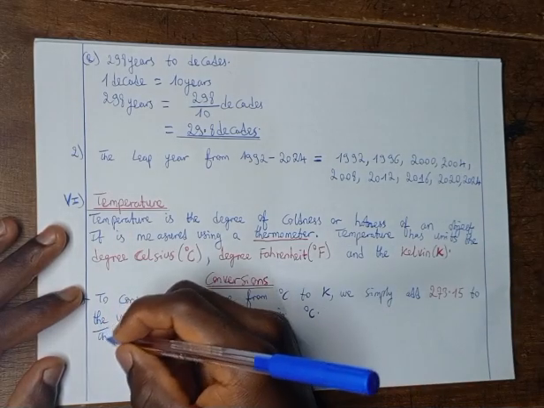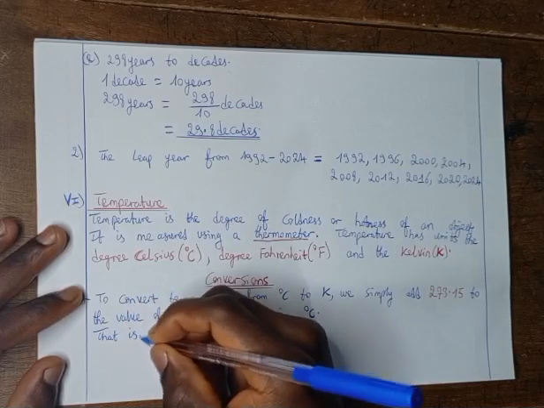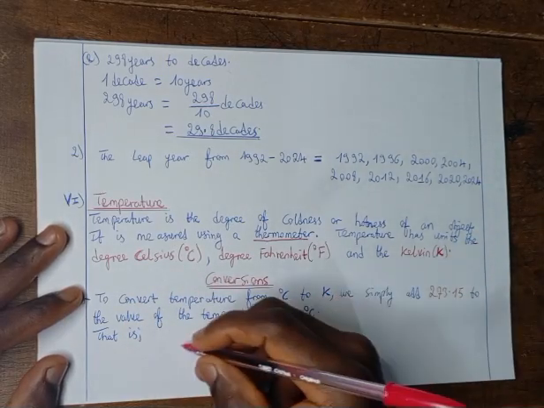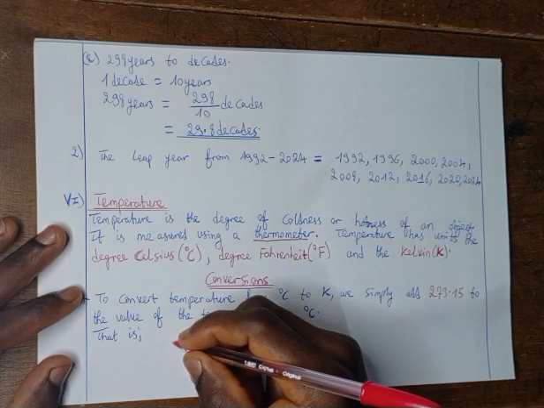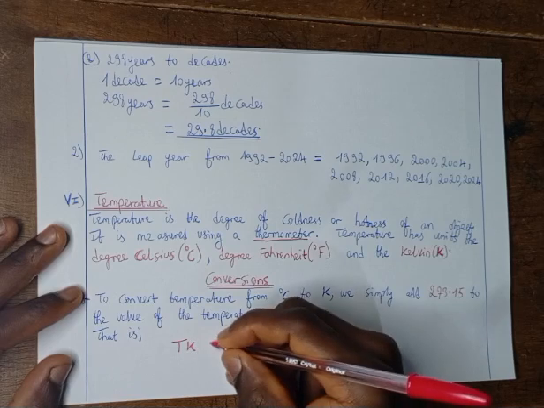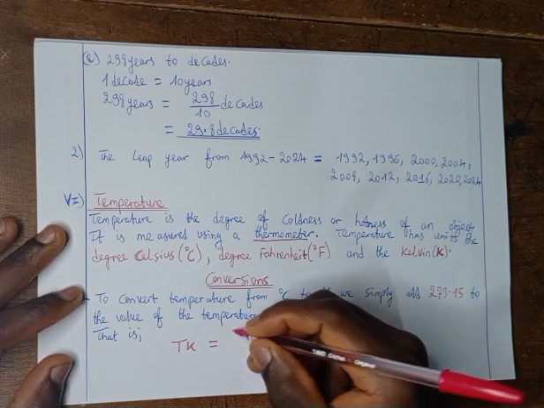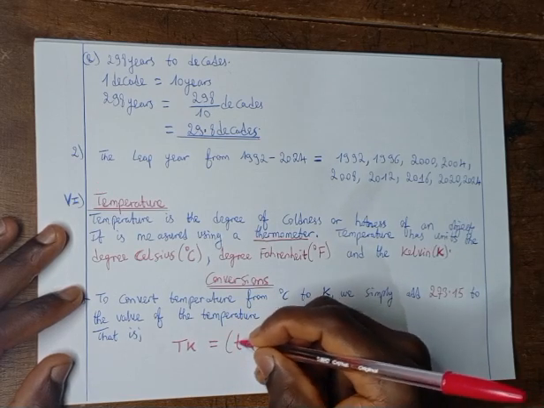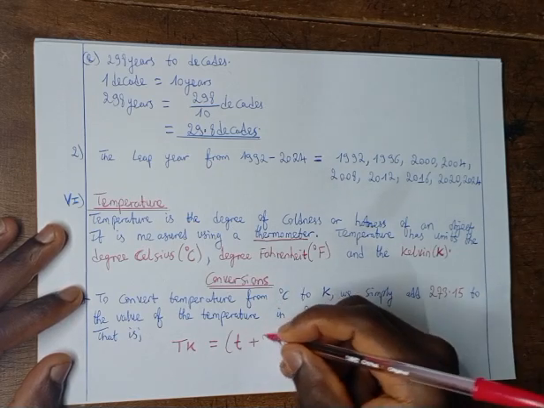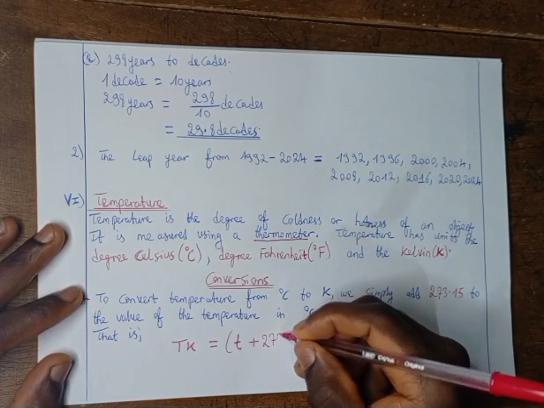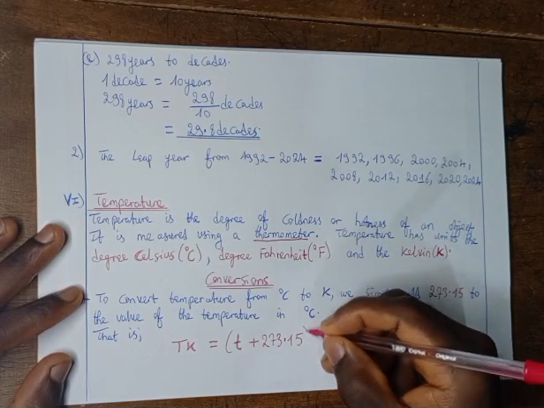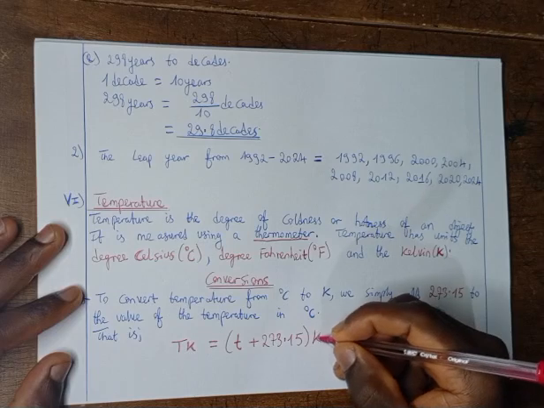That is, we make use of this formula. If you have to convert our temperature in degrees Celsius to Kelvin, we are going to make use of this formula. The temperature in Kelvin will simply be equal to small t, where t is the value of the temperature in degrees Celsius, plus 273.15, and the unit will be Kelvin.